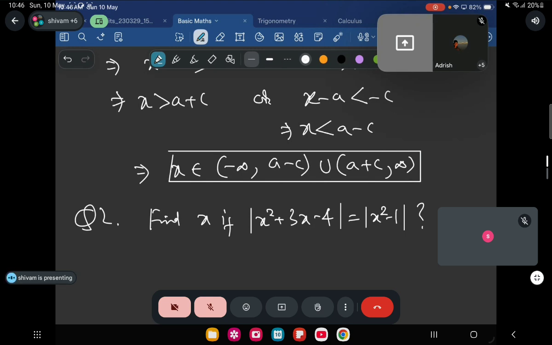So we start. Yes, correct. Also check the roots which you have got, because it's mod.